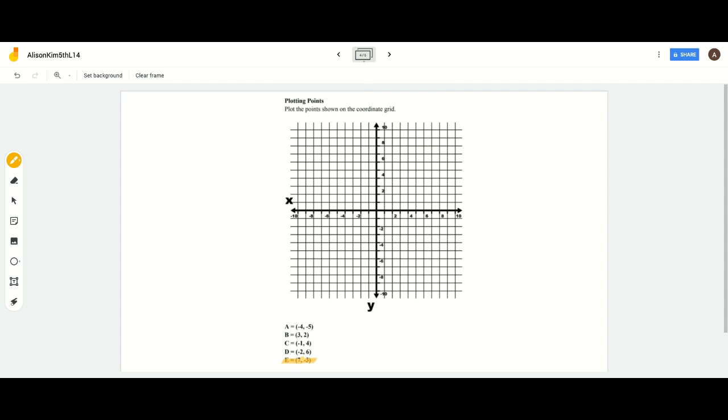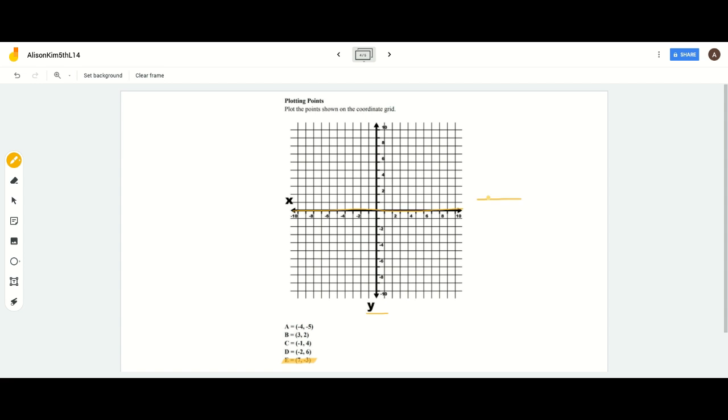We're going to plot point E. Point E gave us (7, -3). We're given the x-axis and the y-axis right here.